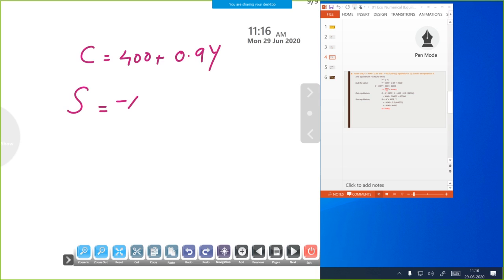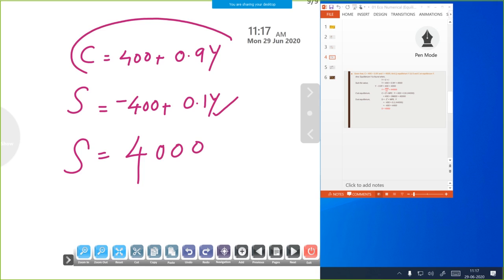This is C dash, so minus C dash is this one. Then minus C dash plus 1 minus b, 1 minus b we need, that is MPS. So 1 minus b means 0.1y. Understood? Then substitute the income value, we are getting saving is equal to 4,000.